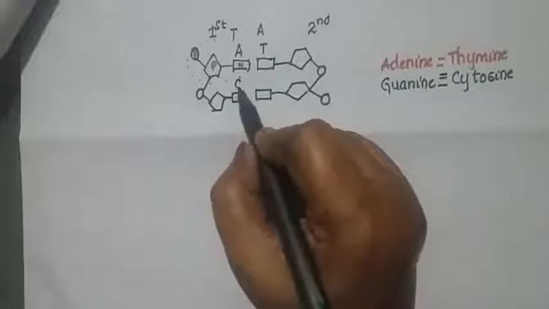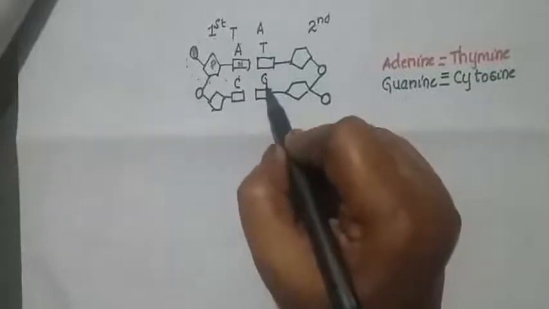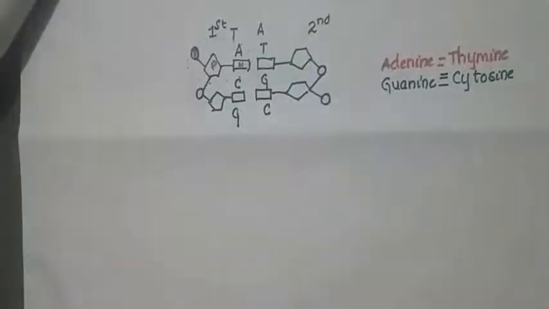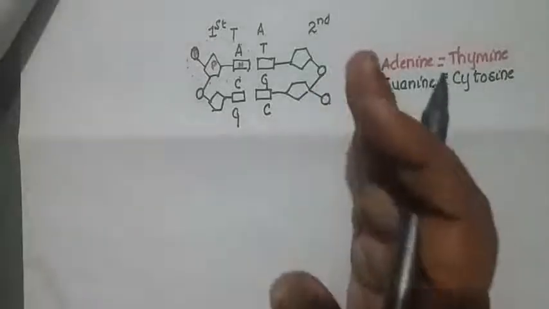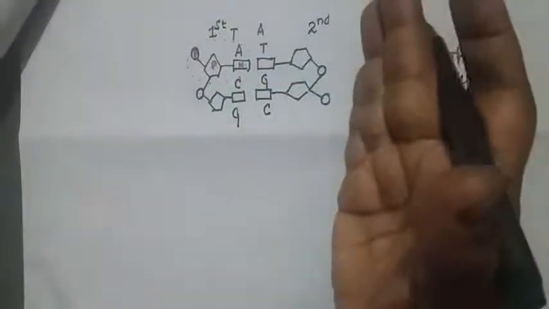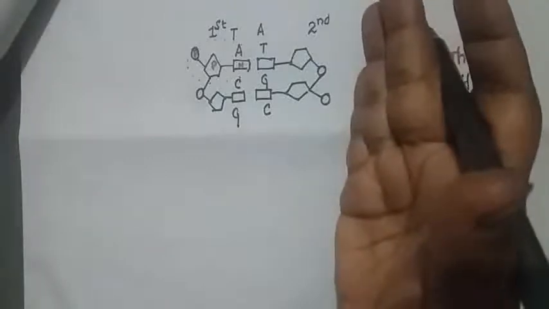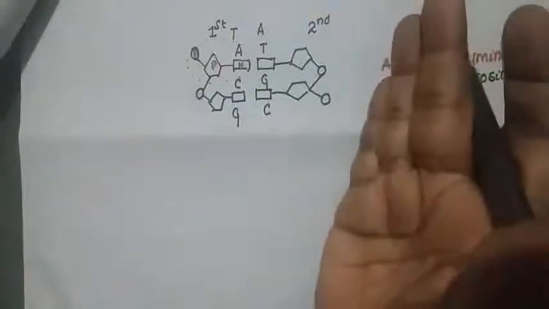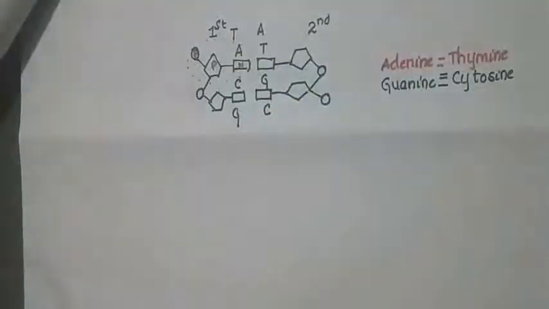If you have a cytosine here, you have a guanine here. If you have a guanine here, you have a cytosine. So hence, when you just look at each strand, if one strand has an adenine, definitely the other strand has a thymine as a nitrogenous base. If one strand has a cytosine, the other strand has a guanine. Hence we call them complementary pairs.